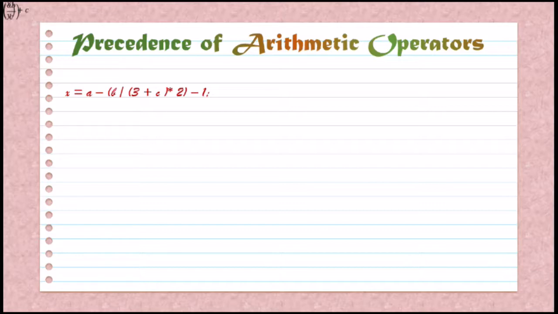So if you see, there is a bracket inside another bracket. To solve the equation, first solve the innermost parenthesis, then the outermost parenthesis. After solving all the parentheses, solve the multiplication and division operations, and finally solve the addition and subtraction operations.